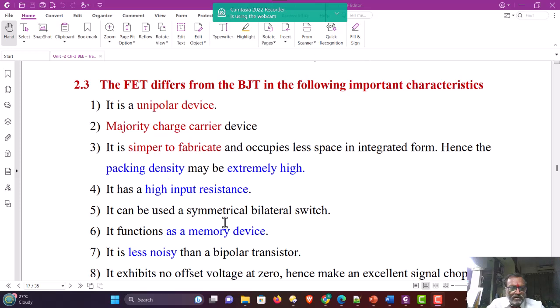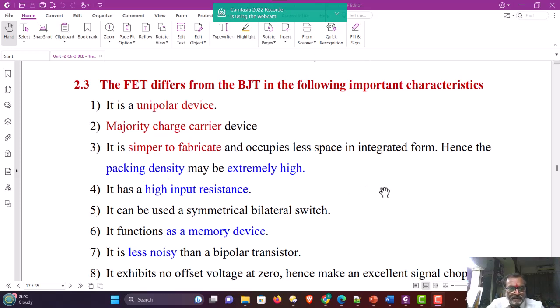The FETs have high input resistance because there is no electrical connection between the input terminal and the channel. It can be used as a symmetrical bilateral switch, meaning the source and drain terminals can be interchanged.